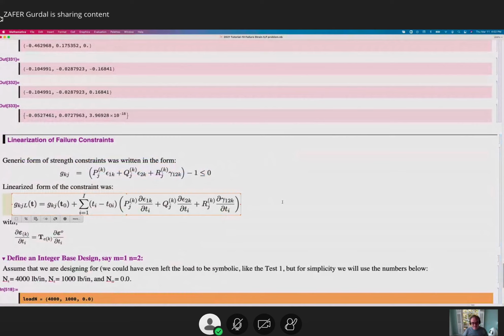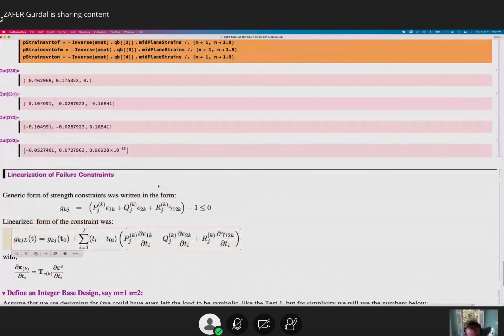I understand our time is up, but I'm not talking about the rest of this tutorial now. I'm talking about the general conceptual matter of how you go into the design of sequential linear programming. You can create the sequential linear programming problem and solve it using any linear programming. The answer is not going to be integer.